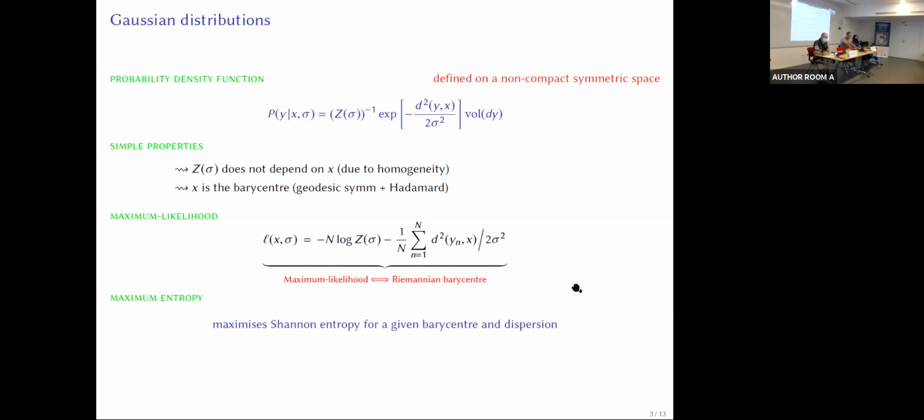If you look at the likelihood function where the data are called y_n, you will see that it separates into a part that depends on the barycenter parameter x, the centroid parameter, and another one on the dispersion parameter sigma. And therefore, maximum likelihood is equivalent to a least squares problem, to computing a Riemannian barycenter. And this is kind of the defining property of Gaussian distributions. Moreover, they also satisfy a maximum entropy property. These distributions maximize Shannon entropy for a given centroid, i.e. barycenter and dispersion.